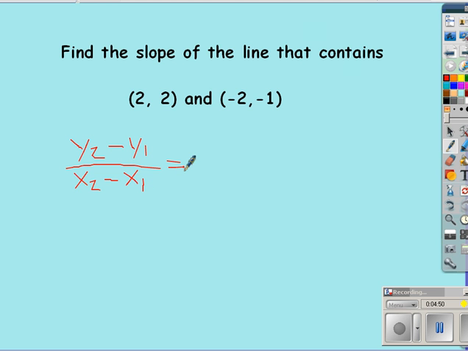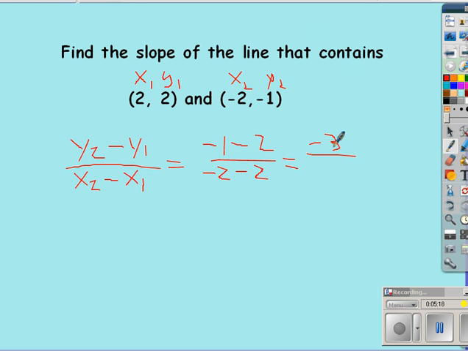If I plug in my points, I've got my x1, y1, x2, y2. y2 is a negative 1 minus y1 of 2, x2 of negative 2, x1 of 2. Negative 1 minus 2 is going to give me a negative 3.